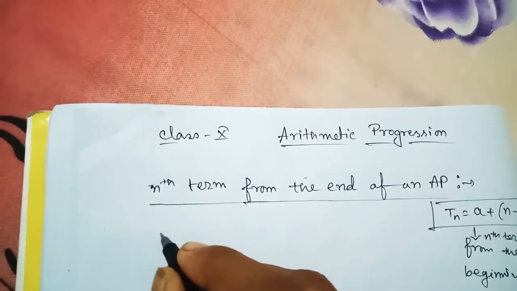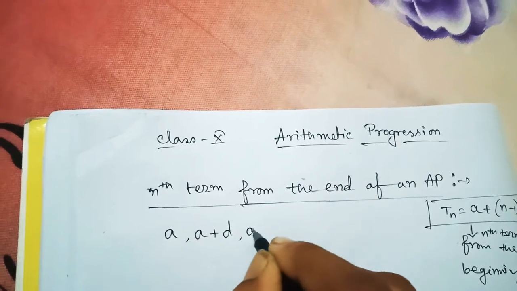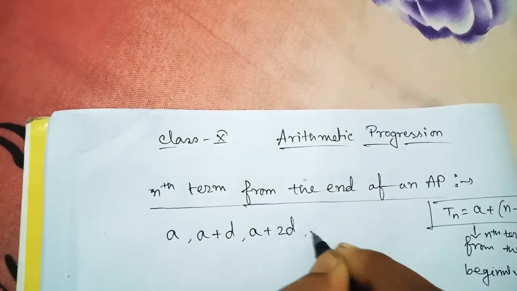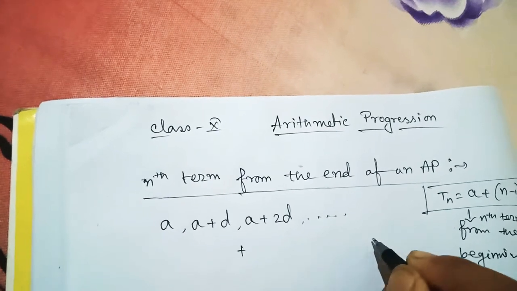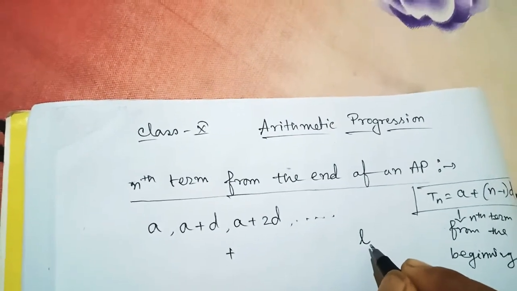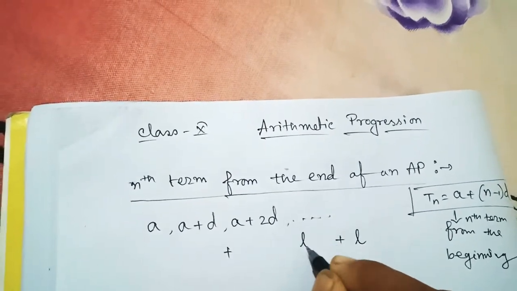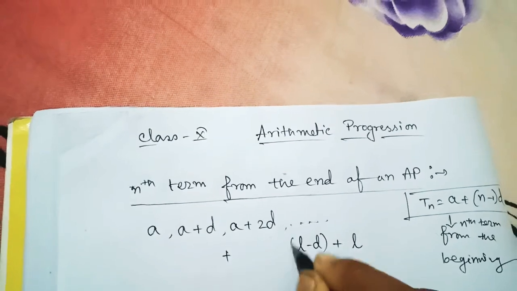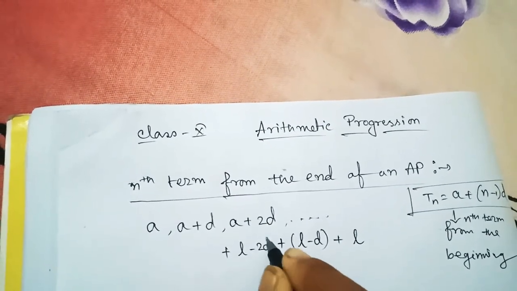So one AP can be written as a, a plus d, a plus 2d, dot dot dot, plus the last one, I am writing L. Suppose the last number is L, the last term. Then the second last will be L minus d. Then the third last will be L minus 2d.